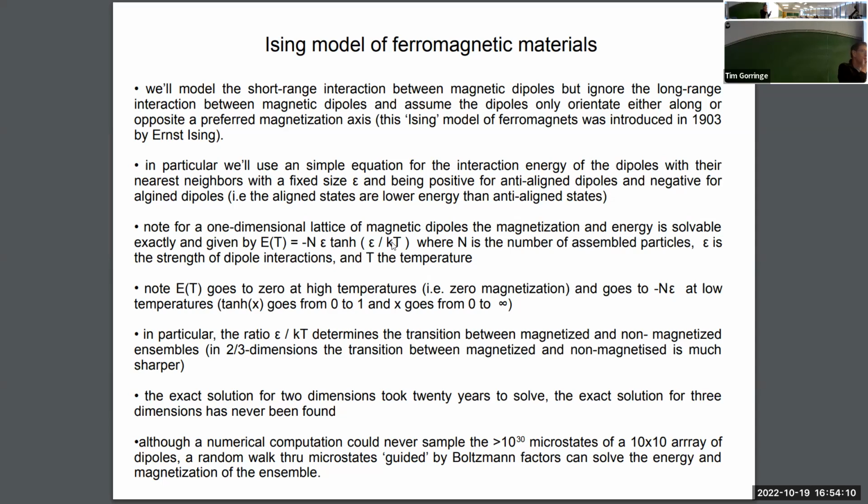If you can't remember, I would never remember, but the tanh function, right? If the argument is 0, then the function is 0, and if the argument is large, then the function is 1. So as you go from 0 to infinity for the argument, that function goes from 0 to 1.